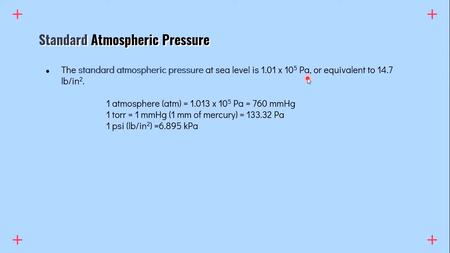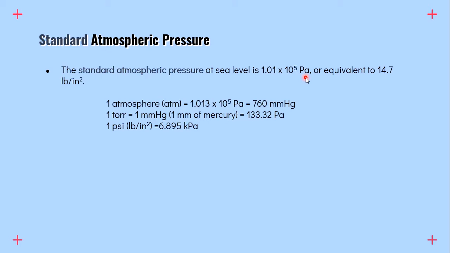This value is assumed to be standard, but in reality, the atmospheric pressure varies with the location. Some locations are above sea level. If the location is above sea level, there is less air above that location, so the pressure is less.